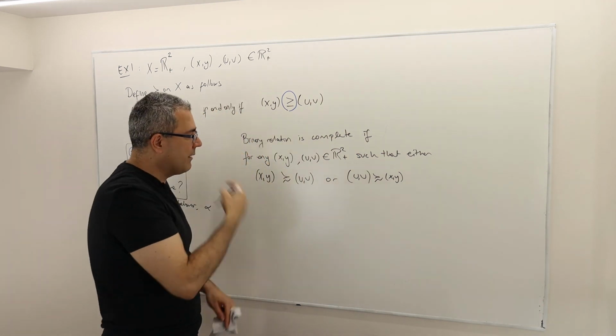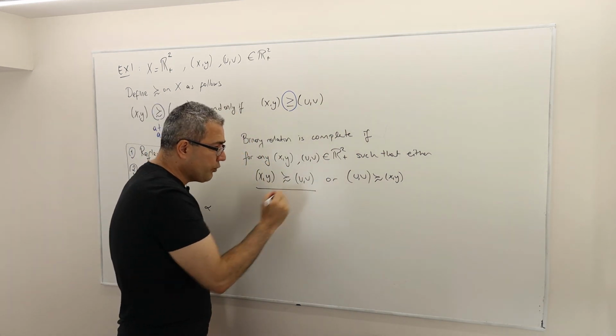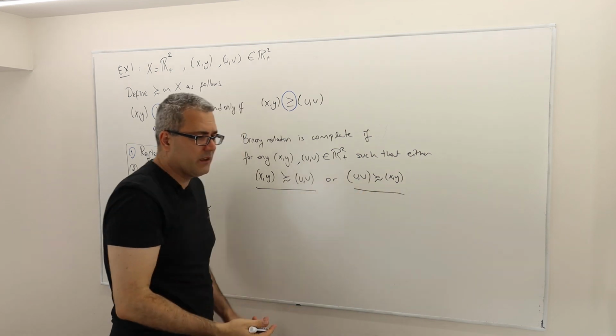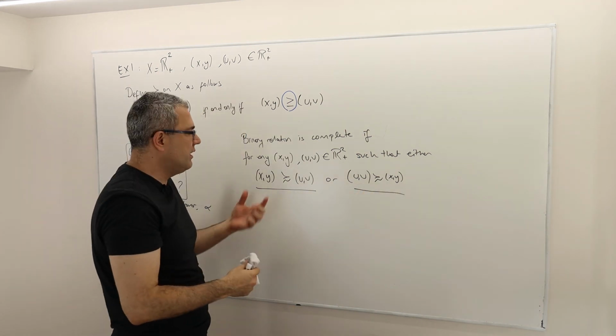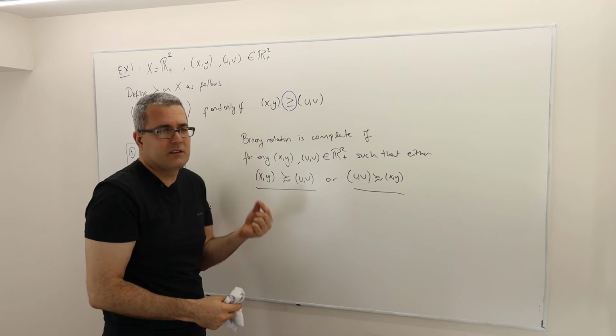By the way, what does that mean? That means either this is true or this is true, right? This is a P or Q statement. So either this is true or this is true.